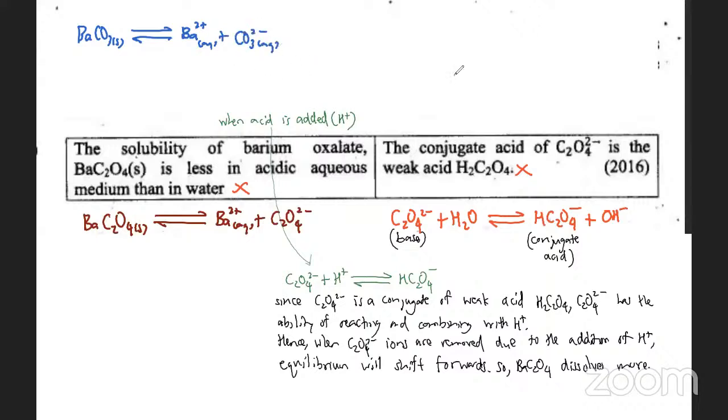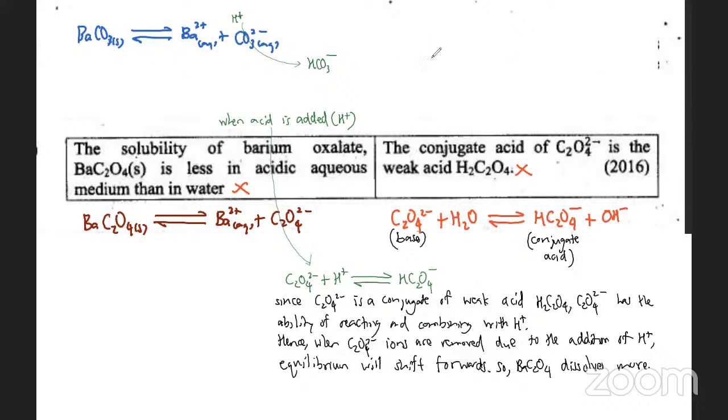So does it dissolve in acids? Yes, we should know that from inorganic. When I add H plus, carbonate can combine with H plus and turn into HCO3 minus. Therefore, reaction can move forward. So this will dissolve more in acidic medium. We have studied that.